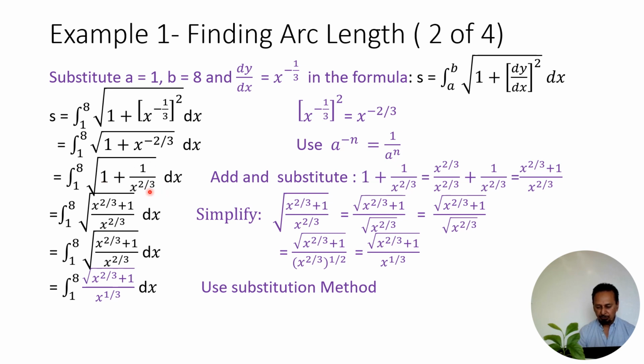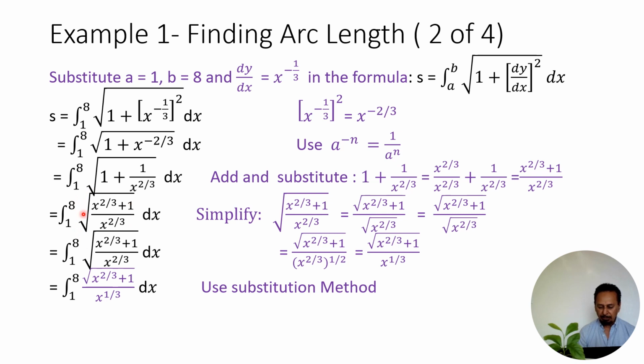Now we have to add these two and write as a single fraction. The LCD is x to the 2/3, so we change 1 to x to the 2/3 over x to the 2/3, plus 1 over x to the 2/3. Now we write the x to the 2/3 once and add the numerators, so we get x to the 2/3 plus 1 over x to the 2/3.